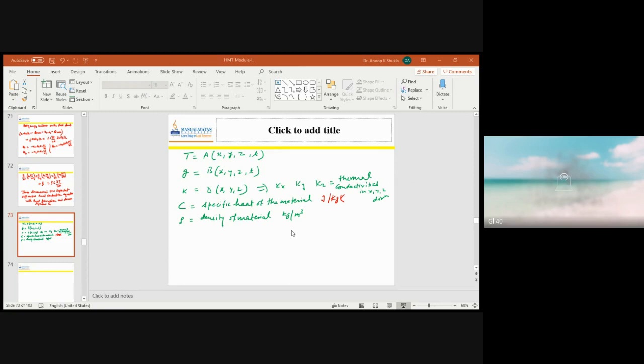So we have already derived this equation: ∂/∂x(kx ∂T/∂x) + ∂/∂y(ky ∂T/∂y) + ∂/∂z(kz ∂T/∂z) + G = ρc ∂T/∂τ.